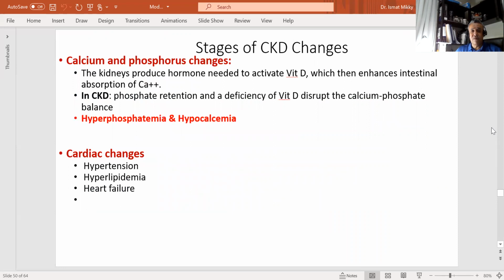They will have calcium and phosphorus changes. In other words, they will have hypocalcemia and hyperphosphatemia: low calcium and high phosphorus or phosphate. Because of the hypocalcemia, the parathyroid hormone, PTH, secretion will increase, and that will result in bone resorption, which means the PTH will pull the calcium from the bones.